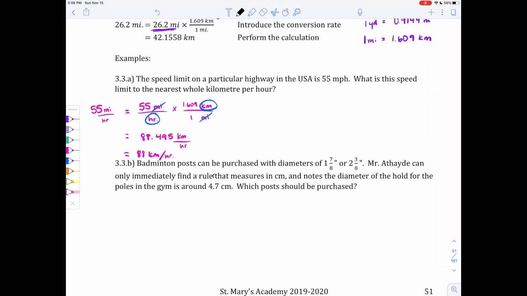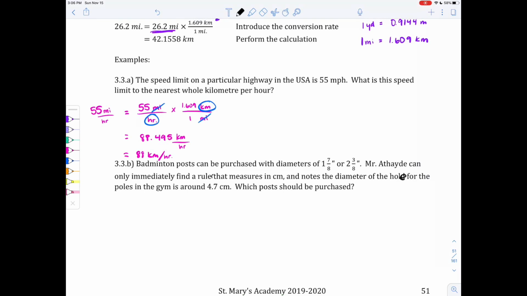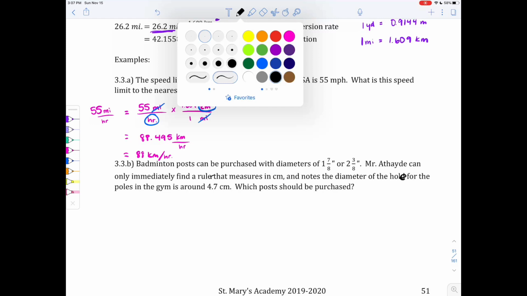I tried really hard to measure this thing properly, and the closest I got was that the diameter for the hole for the poles in the gym is around 4.7 centimeters. And so which post should be purchased here? Do we get these 1 and some change ones, or these ones that are a bit more than 2? Who knows? There's probably no way to solve this. Just kidding. There is. Oops, I erased the R from ruler. I'll have to update that one day.